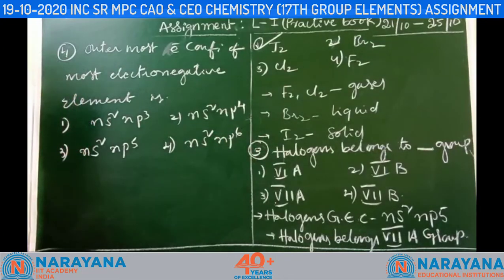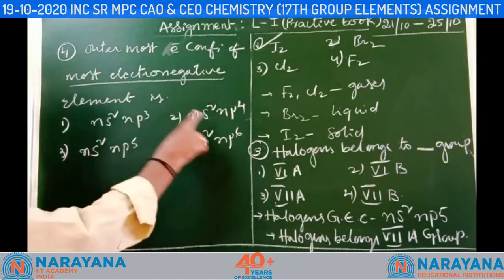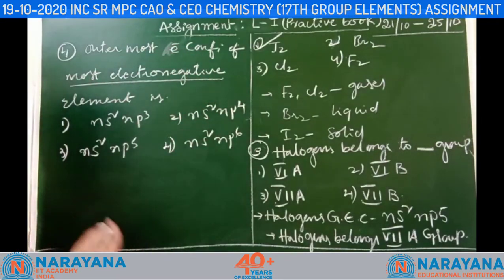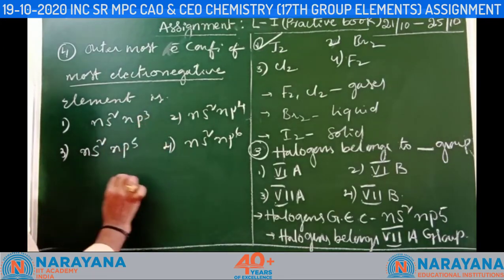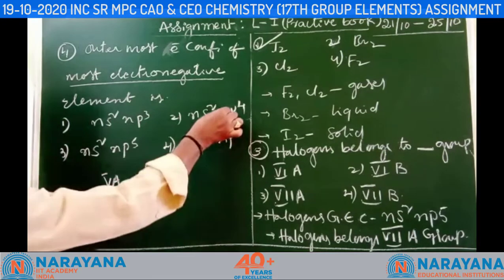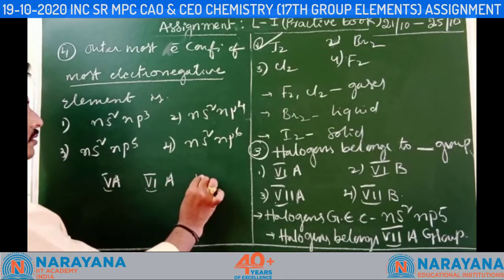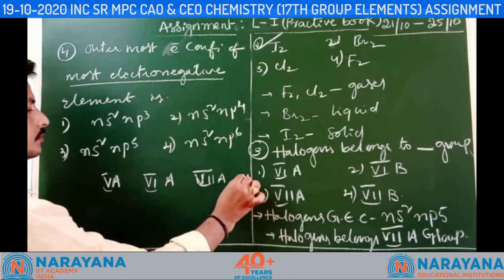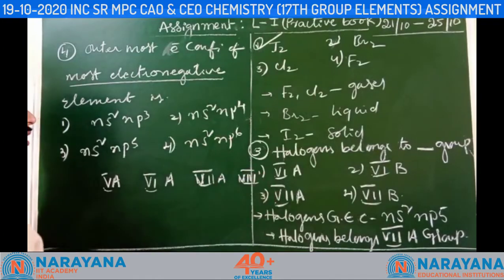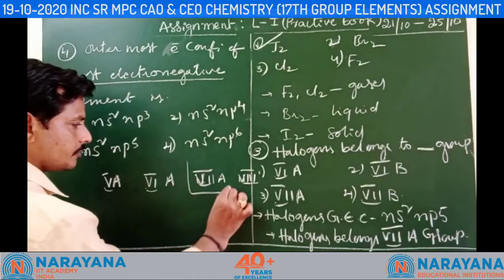What is asking us? Outermost electronic configuration of the most electronegative element. In these four options, which group is the most electronegative group? So here ns2 np3 is nothing but fifth A group, this is called sixth A group, this is seventh A group, and this is eighth group. In these all groups, the more electronegativity is the seventh A group.